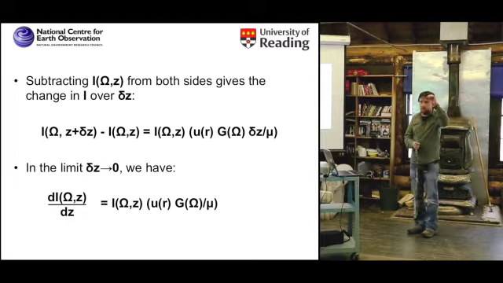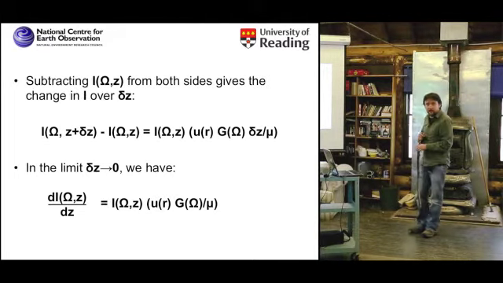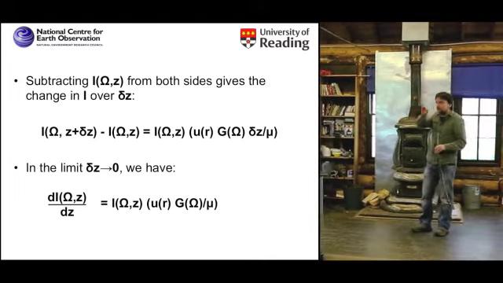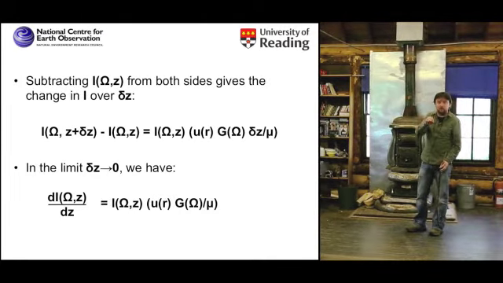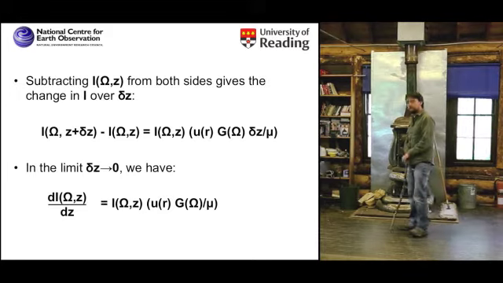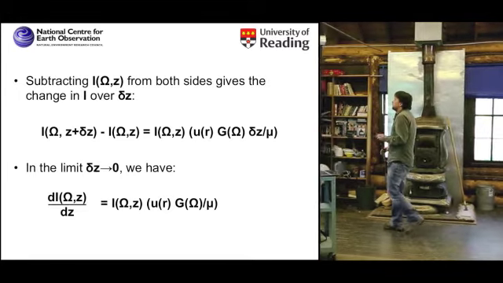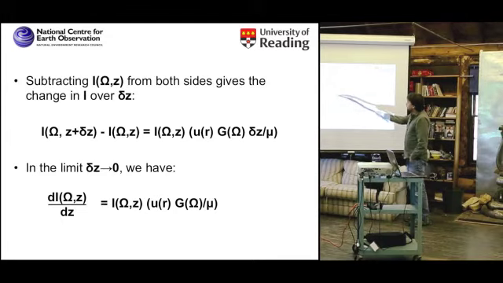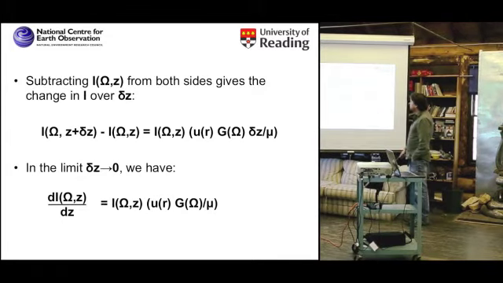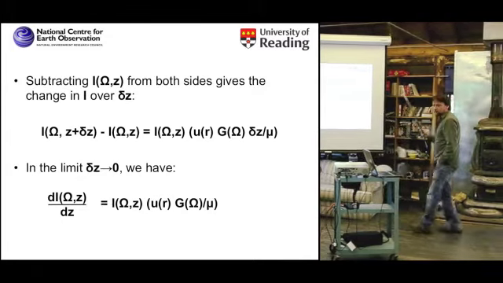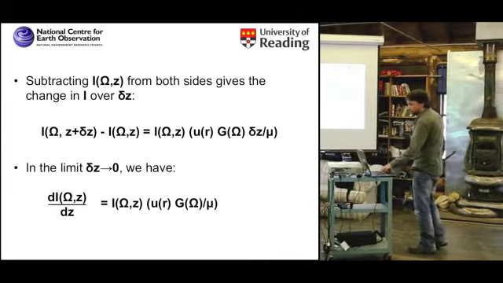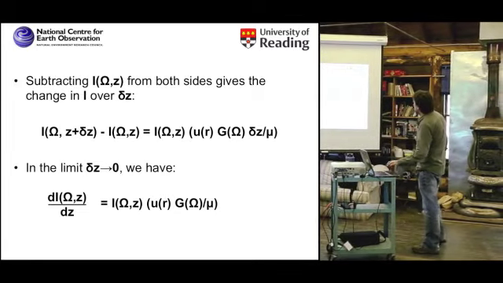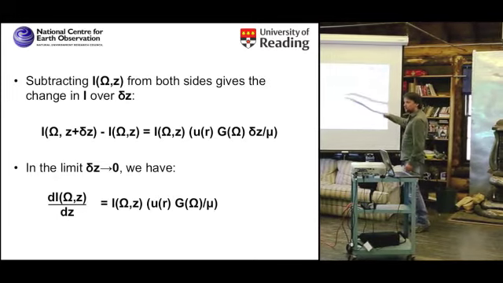So the change in intensity at the first point we were considering becomes 0, and rather than the intensity at delta Z, we get the change in intensity at delta Z, okay? So simply subtract from both sides, and we end up with that equation. Now, hopefully that's clear that we've got rid of that 1 minus, yeah?